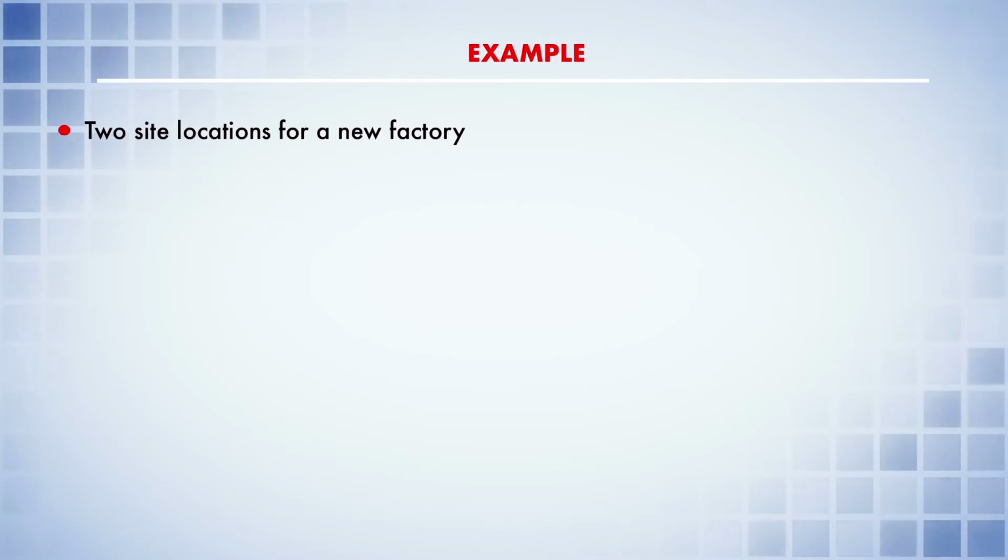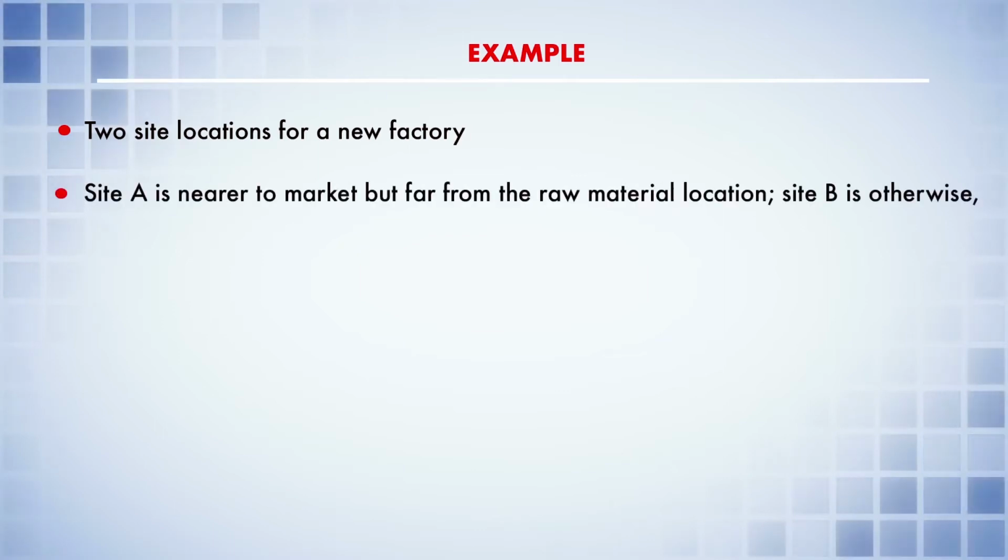We want a site for our new factory. Site A is near the market, but far from the raw material location, while site B is near the raw material location, but far from the market. Now, which location will you choose?